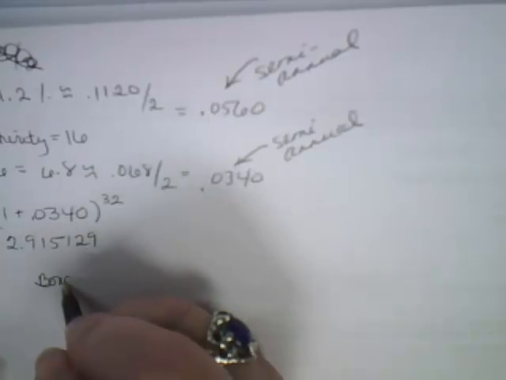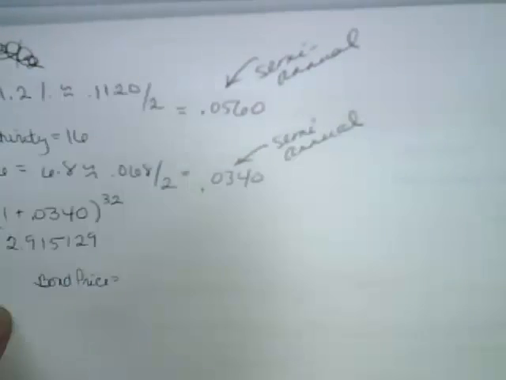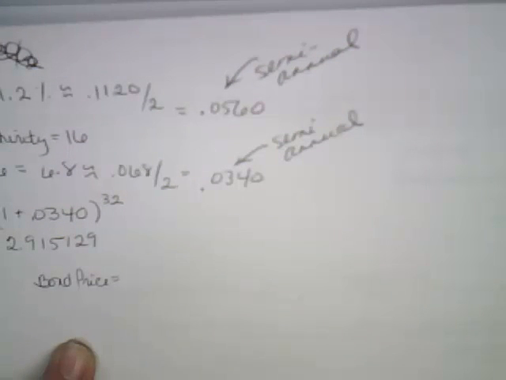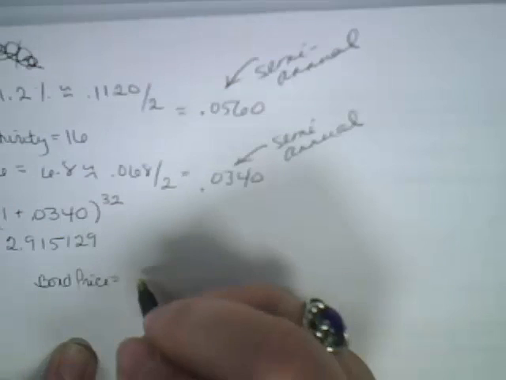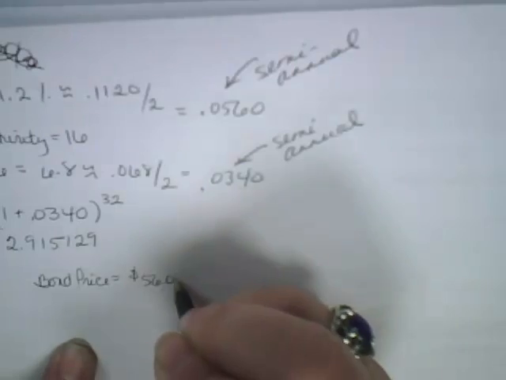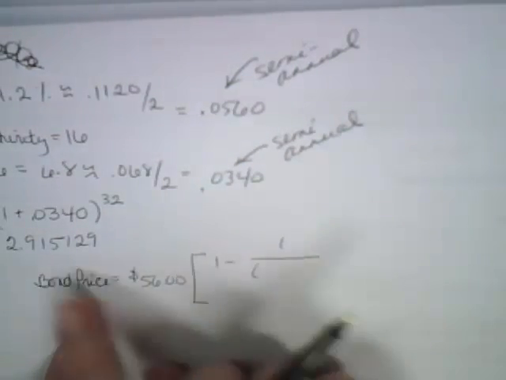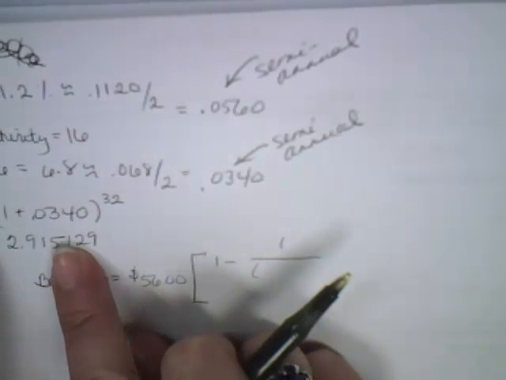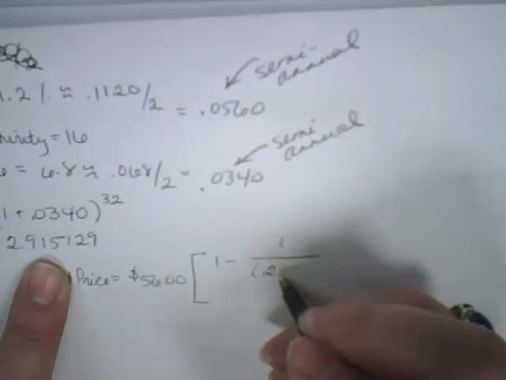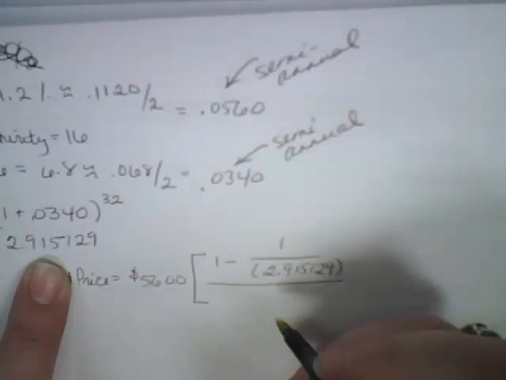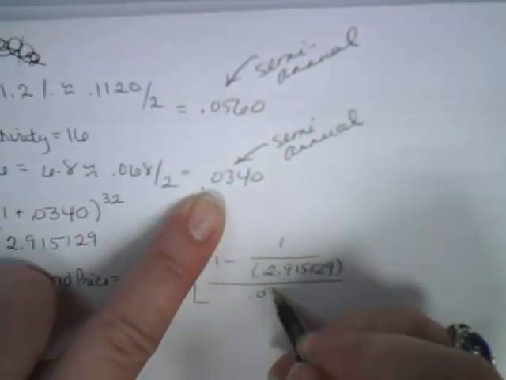Okay, so let's start with the bond price. The first thing we have to do is find out what the coupon value is going to be. We're looking at using the semi-annual rate of 0.0560. So if we take 1,000 and we multiply it by 0.0560, we're going to get a coupon payment every 6 months of $56. Same formula. Now here we've already calculated our 1 plus i raised to the nth, so we know that this is going to be 2.915129 divided by the market rate of 0.0340.